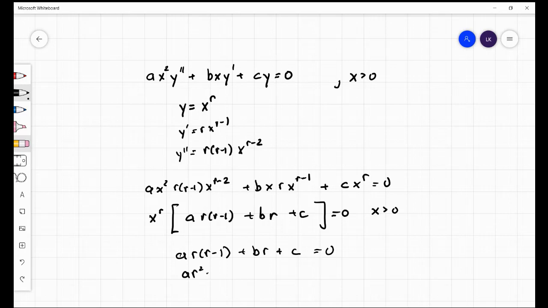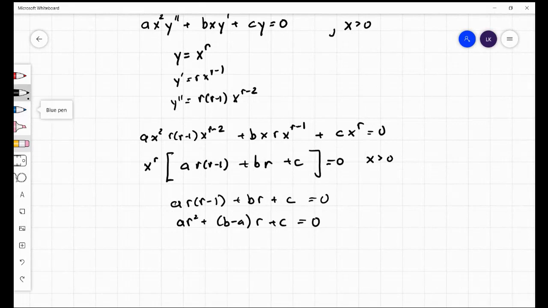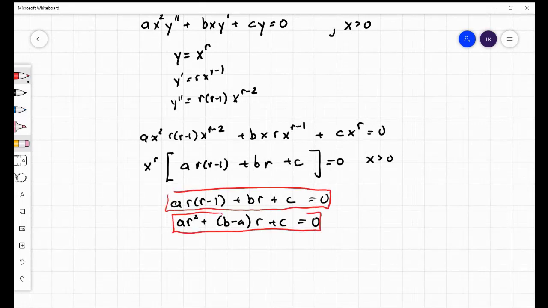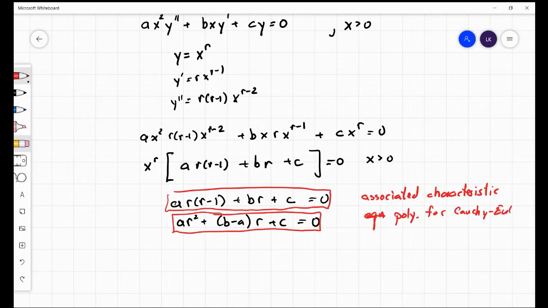And you want to find the roots. This is an important equation. You can remember it either this way or this way. Let's say it's the associated characteristic equation for our Cauchy-Euler type of differential equation. And then you would want to find the roots.